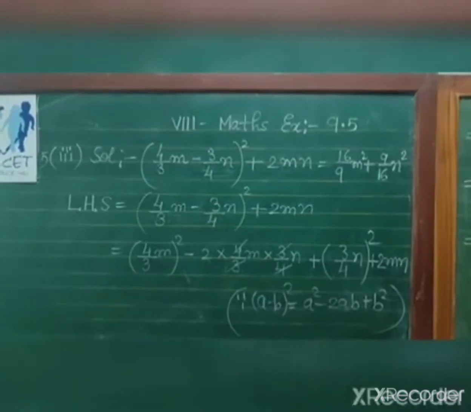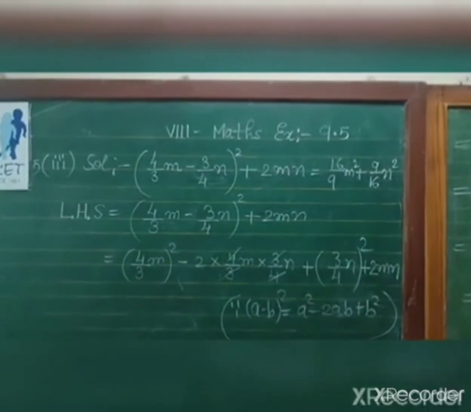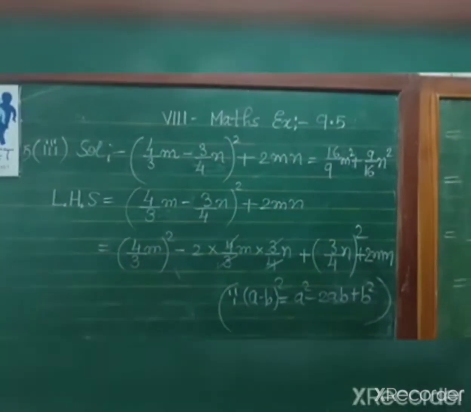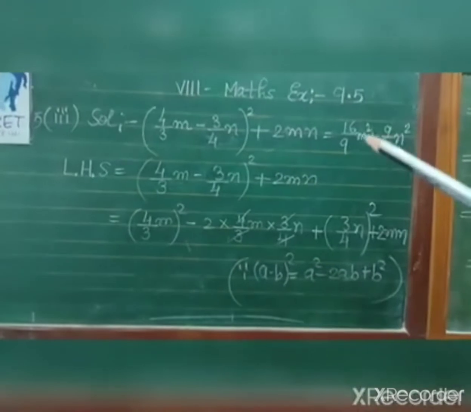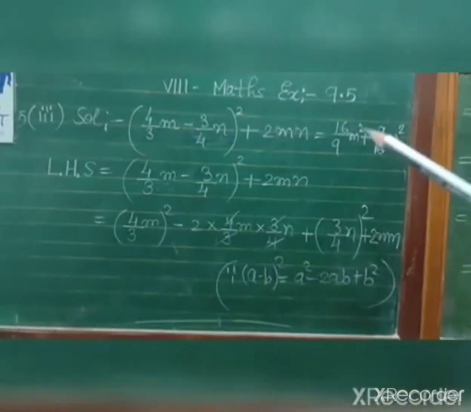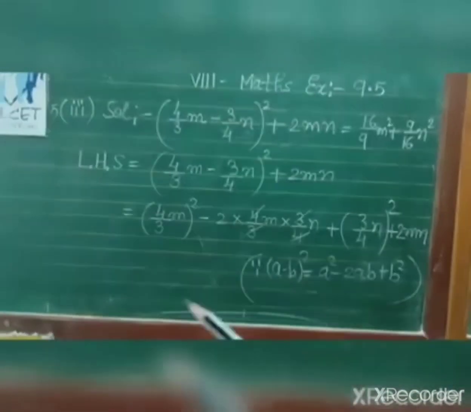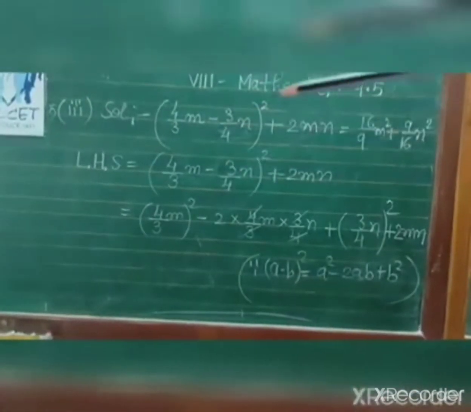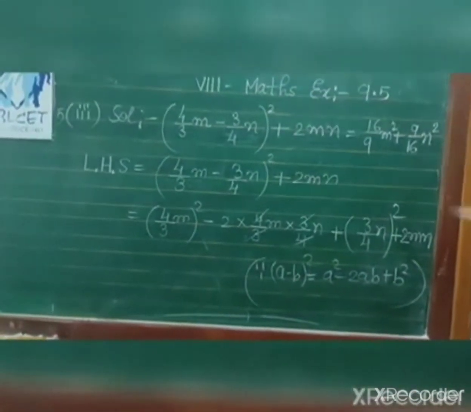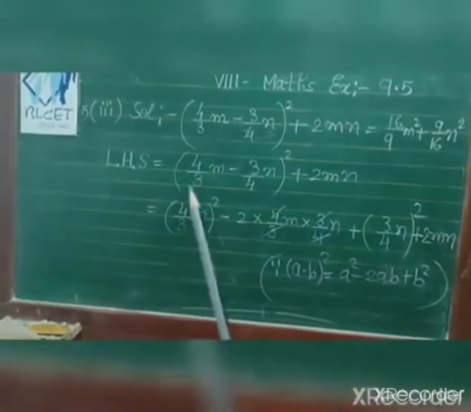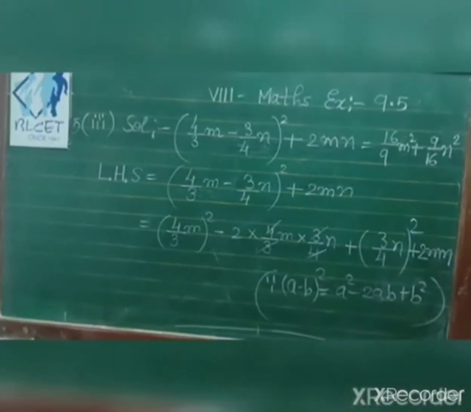Now sub question third of fifth question I am solving for you. 4 upon 3m minus 3 upon 4n whole square plus 2mn equal to 16 upon 9 m square plus 9 upon 16 n square. So LHS we are taking: 4 by 3m minus 3 by 4n whole square plus 2mn. Now a minus b whole square formula we can apply here.